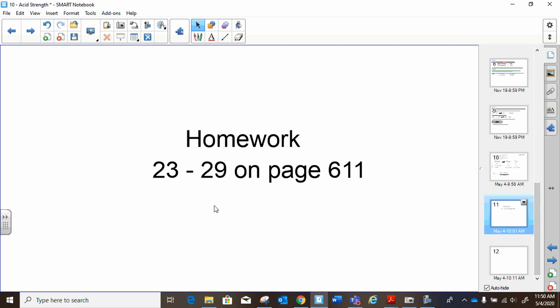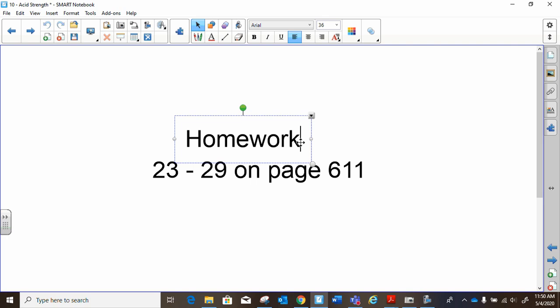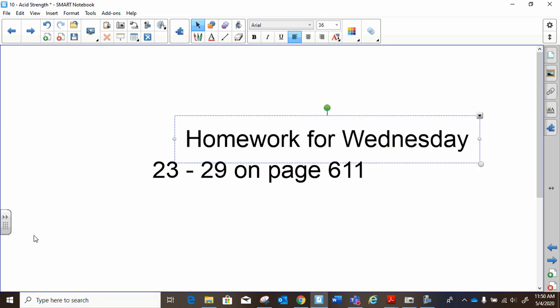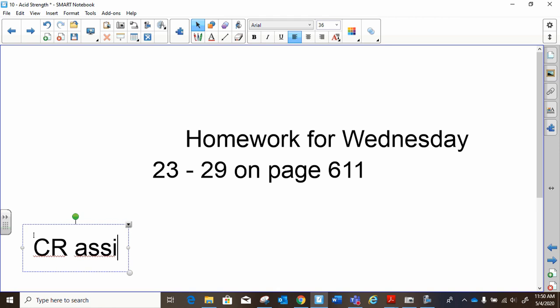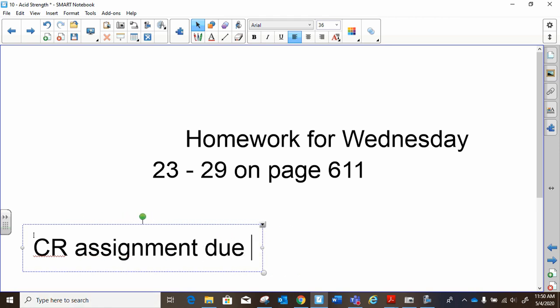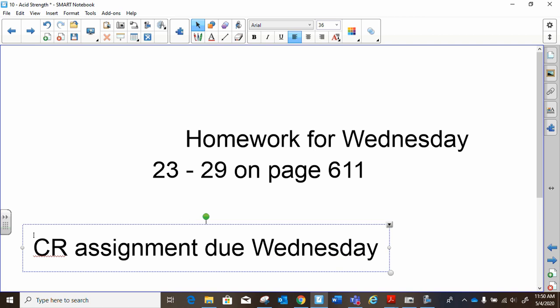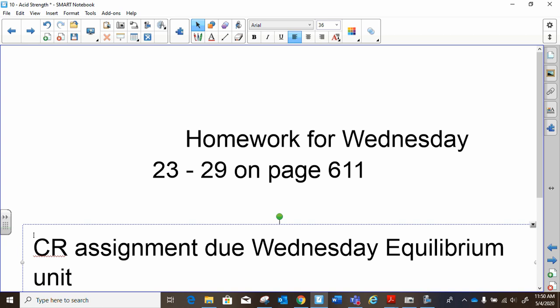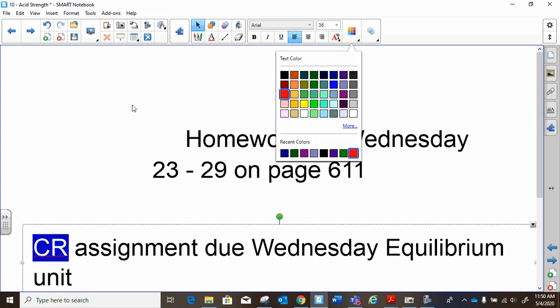So your homework for Wednesday, and then you have a credit assignment due Wednesday as well, and it is on the equilibrium unit. And I'm trying to get in the habit of doing CR in red so it sticks out for you, so you know that matters.